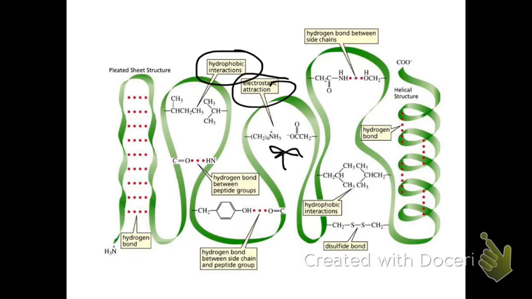We have hydrogen bonding that occurs between polar side chains. Again, hydrogen bonds between polar side chains, ionic bonding between charged side chains, and hydrophobic interactions between nonpolar side chains. You need to understand that. And then we have disulfide bonds between two cysteines.